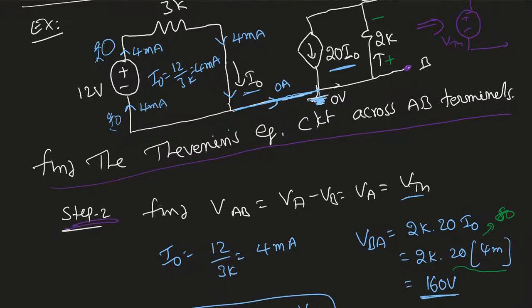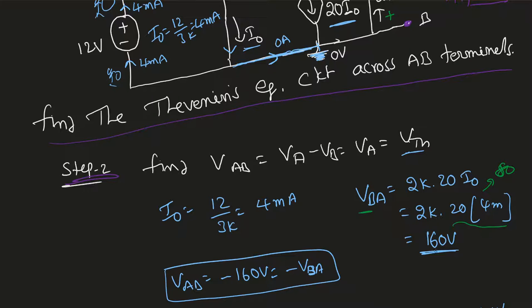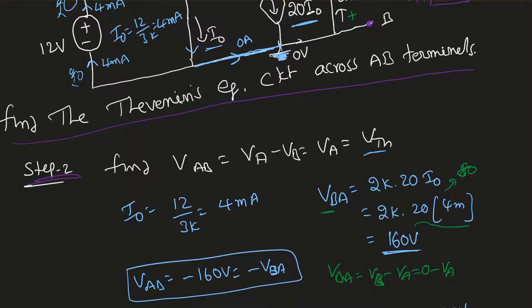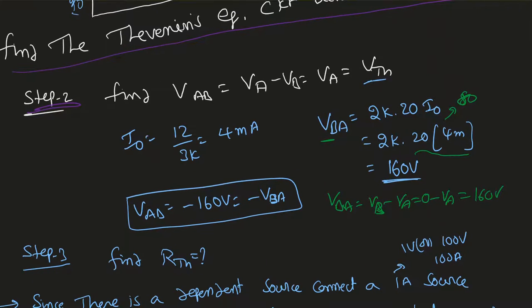I know VB equals 0 volts, so VBA equals 160 volts and VAB equals negative 160, which gives VA equal to negative 160 volts. Or VBA equals VB minus VA. I know VB equals 0, I don't know VA, but at the same time VBA equals 160 volts. So VA equals negative 160. That is our Vthevenin.